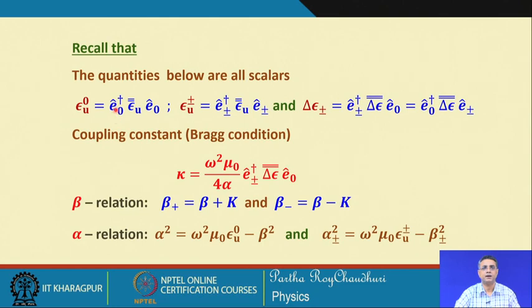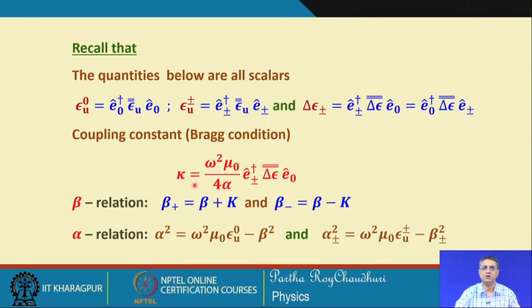Now, let us recall from the earlier discussion this quantity, which connects the polarization of the incident optical beam and the polarization of the plus or minus order optical beam. They all have to be scalar, and the coupling constant under the Bragg condition, because delta alpha equal to 0, this we have seen.